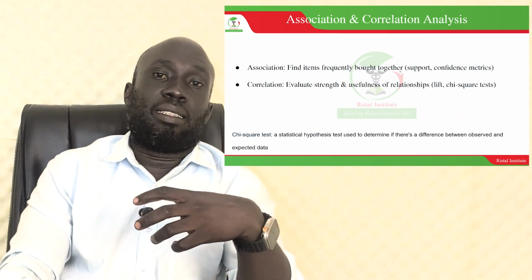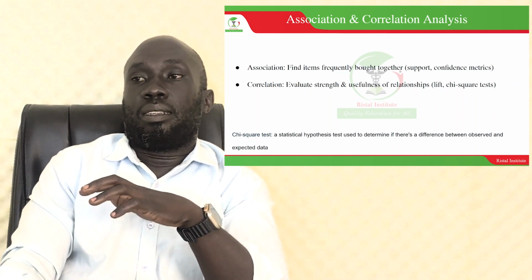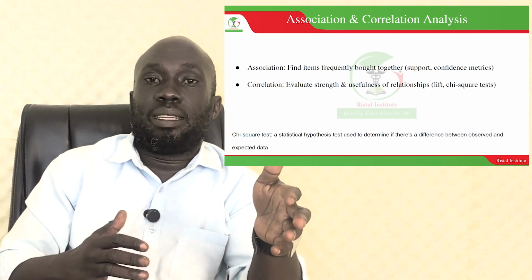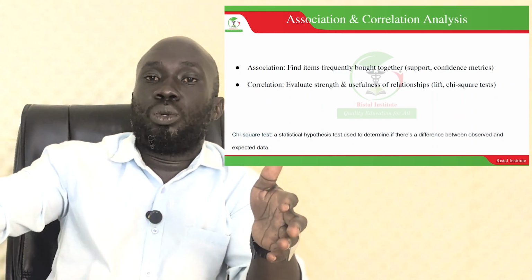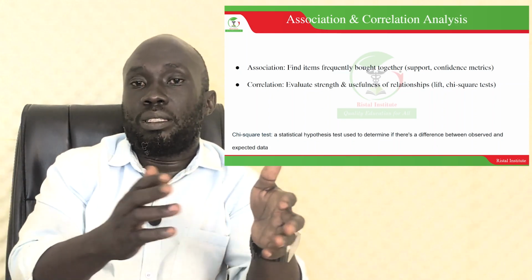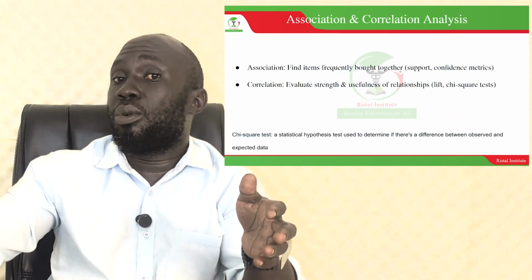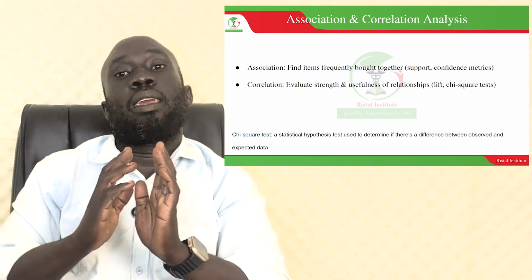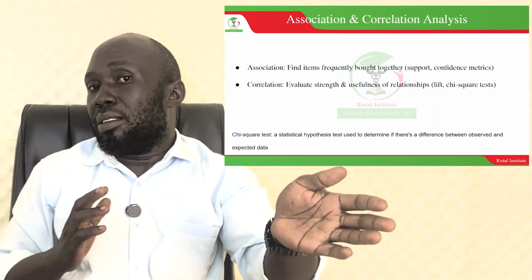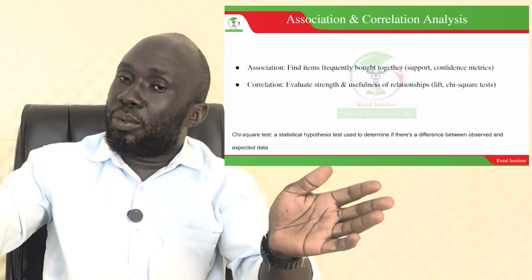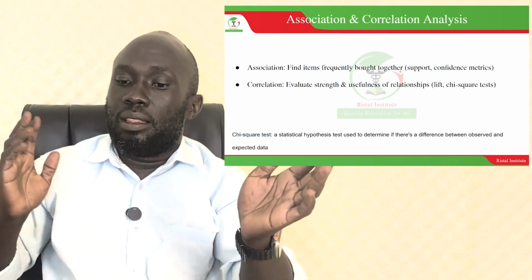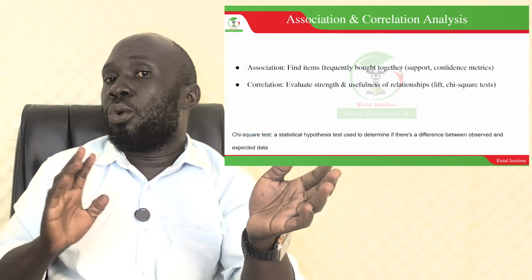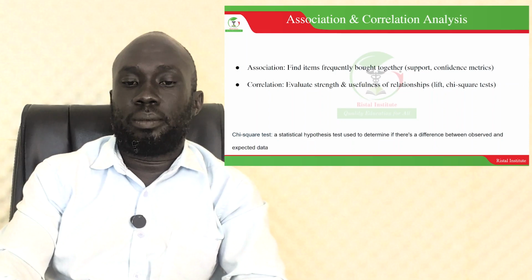Observed data is data that you monitor from the transactions, and expected data is data that you already know is going to happen. For example, when someone buys this, they will definitely buy this. And observed data is, when someone buys product A, you observe whether they take product B more, or take product C more.